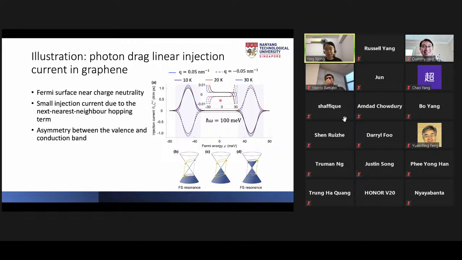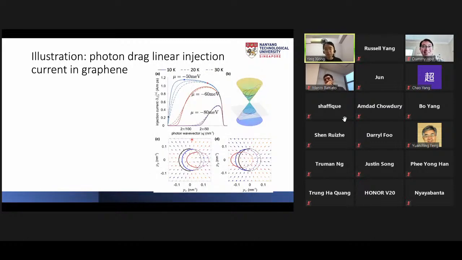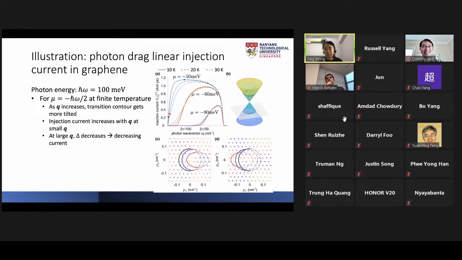To further verify this Fermi surface resonant effect, we also calculated numerically the injection current as a function of wave vector Q. Here, we first focus on the case where the Fermi energy is exactly at minus half ħω, that is minus 50 meV. As we see, when Q gradually increases, the injection current also increases.